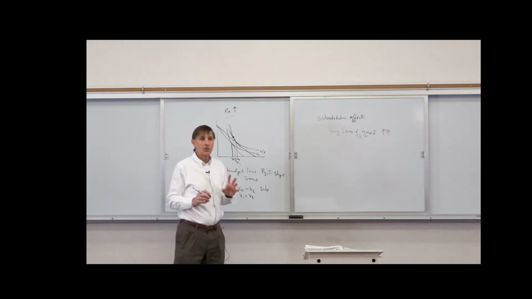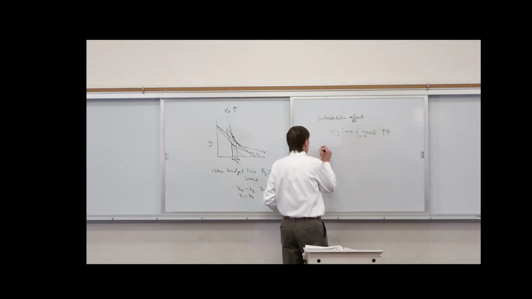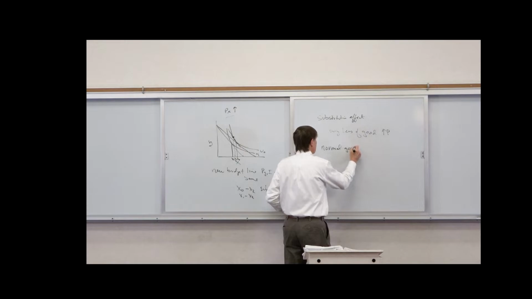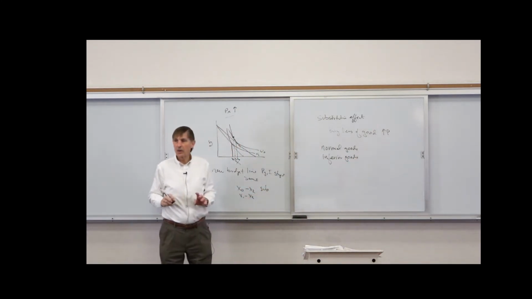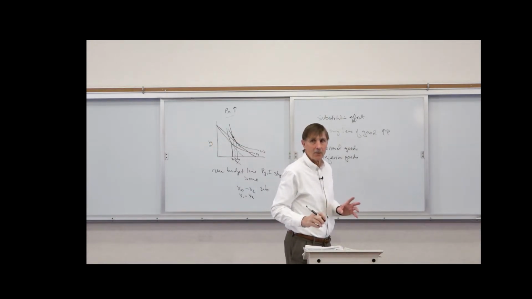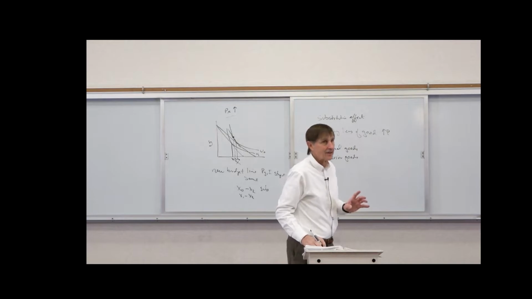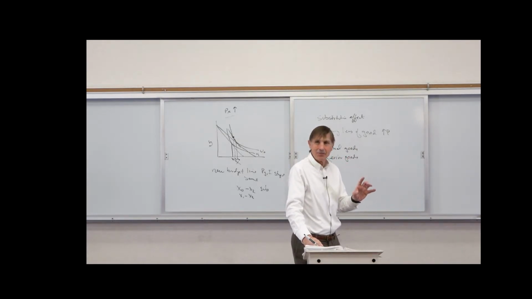But again, thinking back to Econ 202, you have normal goods and you have inferior goods, right? And inferior goods have the quality that as your income rises, what happens? You buy less of them. For an inferior good, as your income falls, you'll buy more, right?